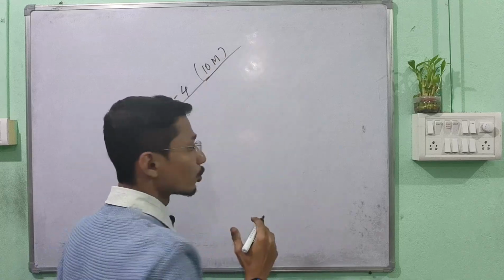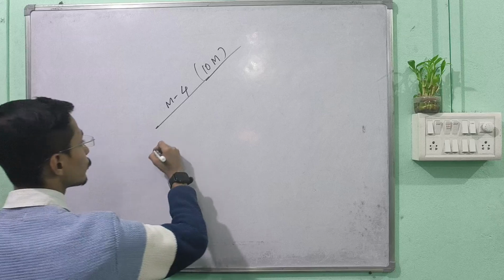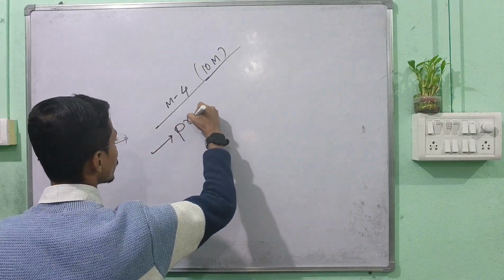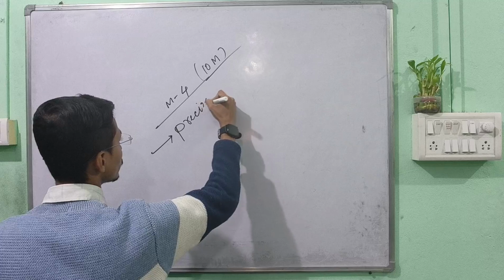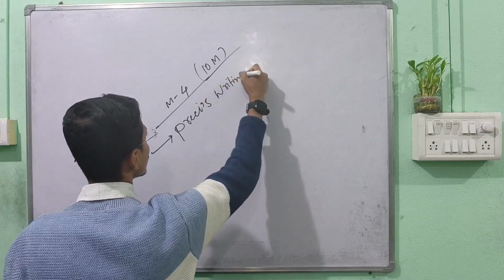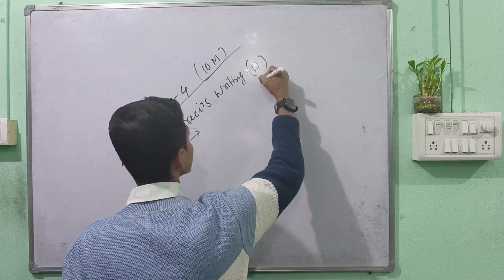In module 4 also there are a total of 10 marks. So in module 4, one part will be prose writing for 10 marks.